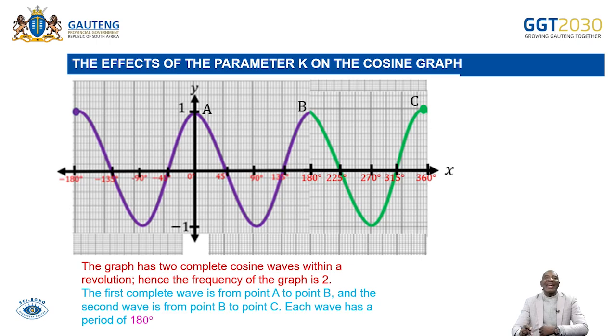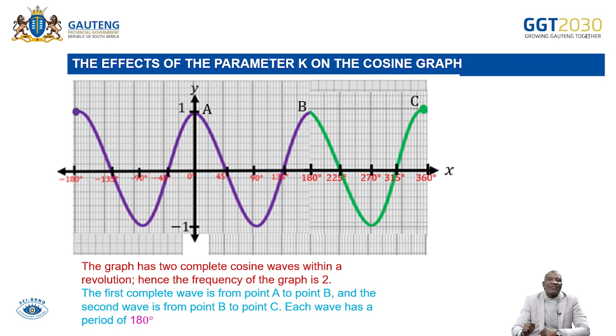Therefore, again, I see 2 waves within a revolution. From A to B is a complete cosine wave. From B to C is another cosine wave within a revolution. Likewise, the graph has 2 complete cosine waves within a revolution. Hence, the frequency of the graph is 2.